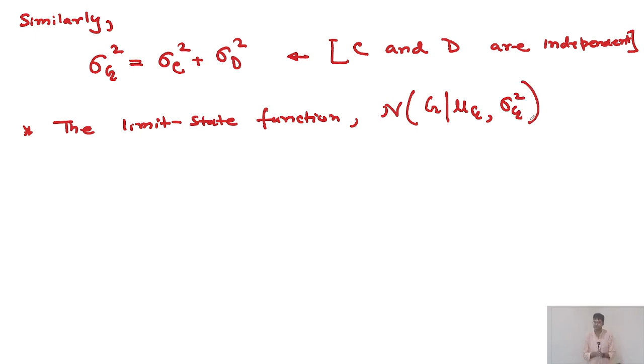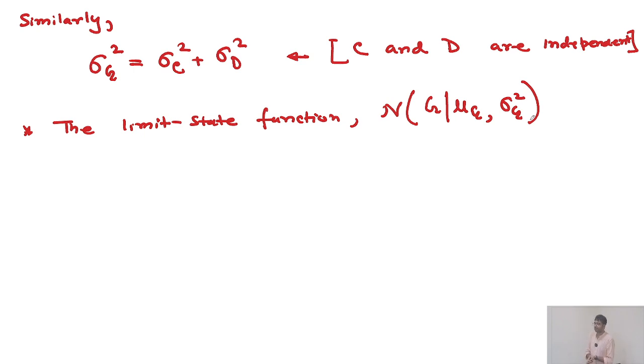Okay, so that is my PDF of the limit state function. It has nothing to do now with C and D because the effect of C and D has been accounted for into this mu G and sigma G, and obviously the Gaussian. I mean, all of that has been accounted for.